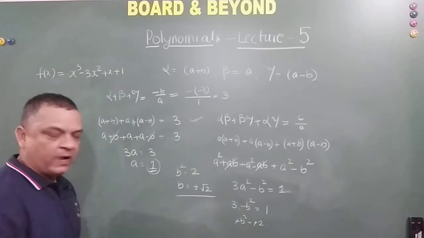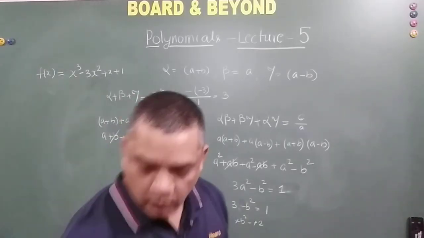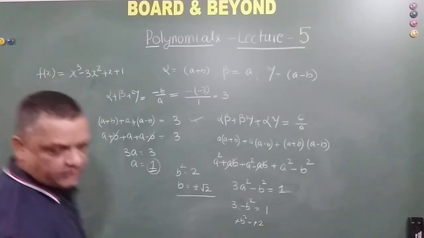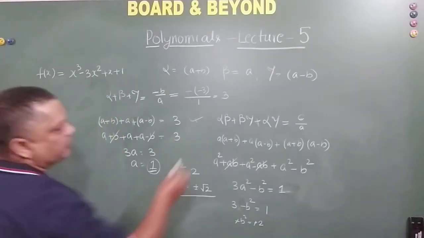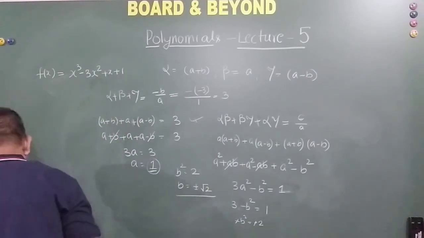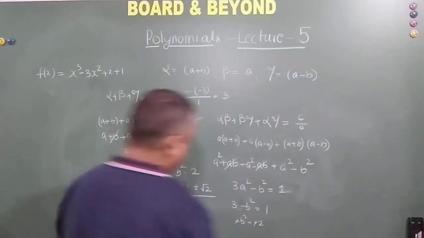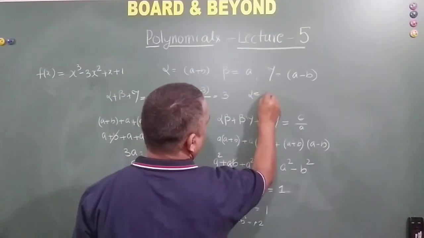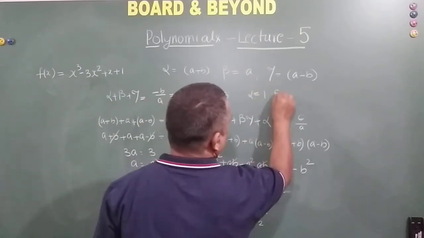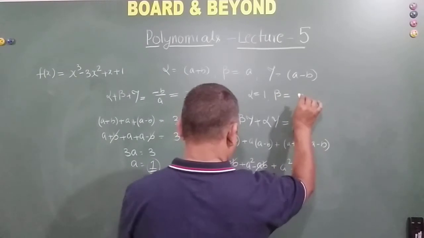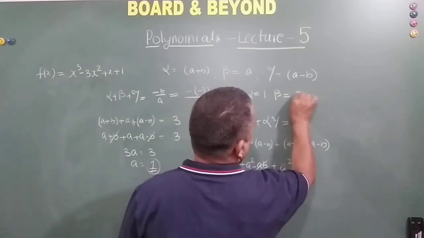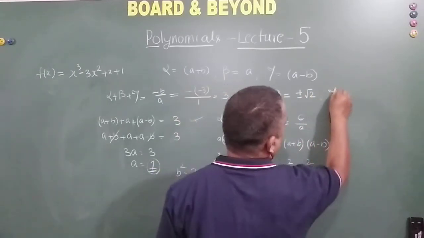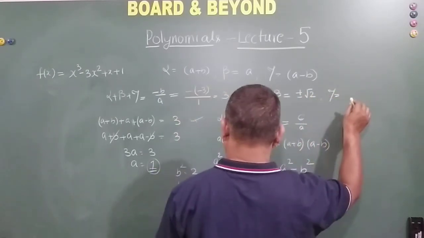Just see, my friends, what has happened here. Even this part of the board is visible, so I'll use some other color. Now you see, we have found out the 3 roots. Alpha is equal to 1 plus root 2, beta is equal to 1, and gamma is equal to 1 minus root 2.